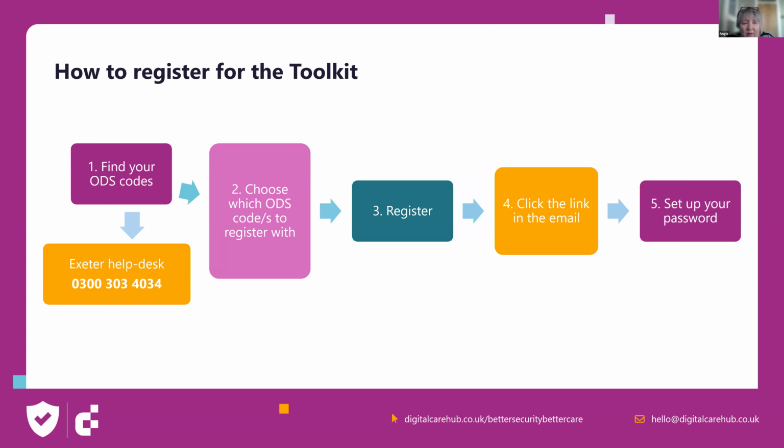So the first thing you have to do is find that. There's various ways you can, and we'll go into that in a little bit more detail. Once you've got that, then you can go on to register, and then you'll have to click an email that will be sent to you within 24 hours. You'll have to click onto that email and then you'll be able to set up your password. And if we could go on to the next slide, please.